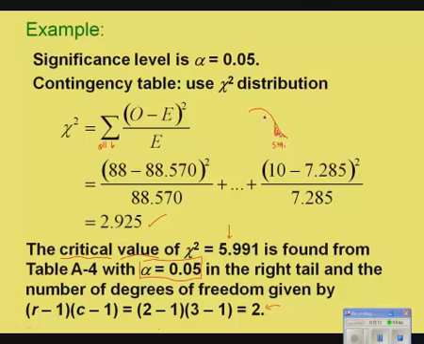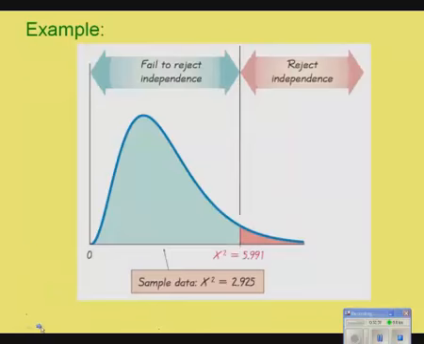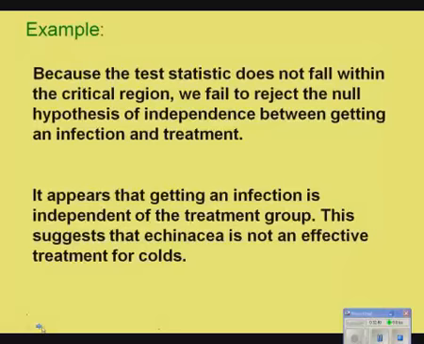That's the critical region. But the test statistic is only 2.9. So we fail to reject the null hypothesis. The null hypothesis said that they're independent. Hey, so maybe we're in luck. Maybe this medicine does work okay. All right, let's see. Yep, that's what I just showed you. We fail to reject the null hypothesis of independence between getting an infection and treatment.